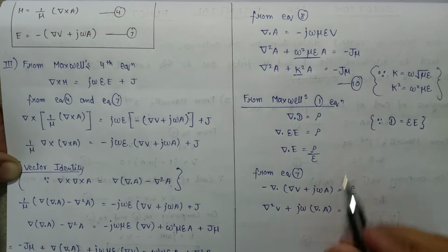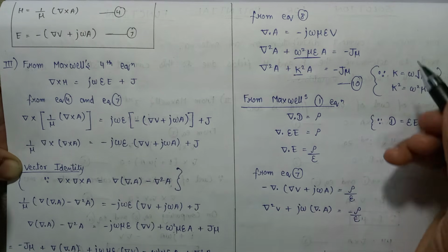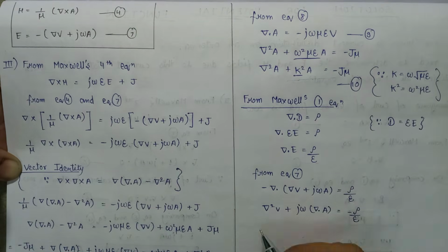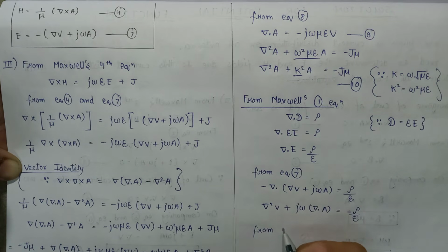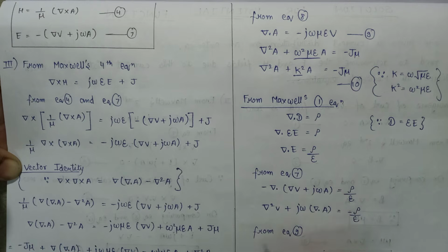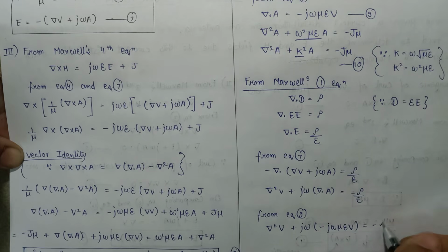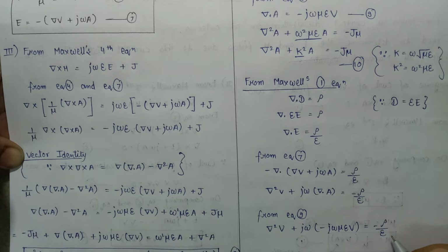Now from equation number 9 that we discussed, we can rewrite this equation as del 2V plus j omega, and in place of this del dot A we will simply write minus of j omega mu epsilon into V, and this RHS part is as it is, so it will be equals to minus of rho over epsilon.